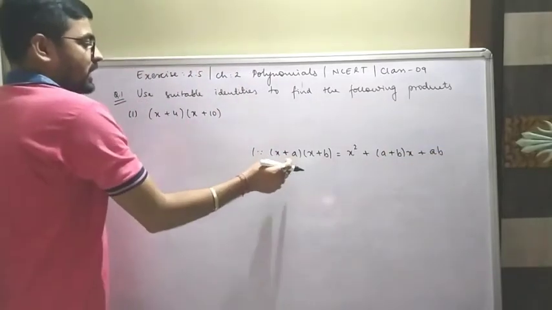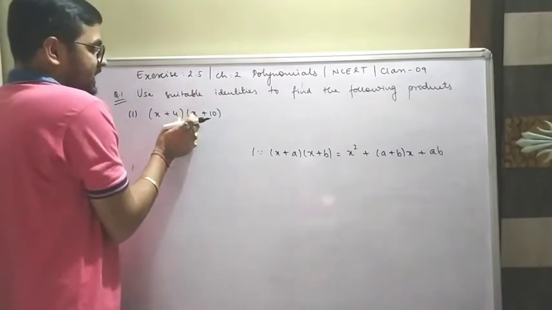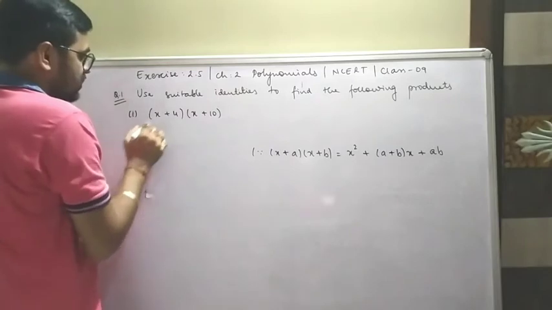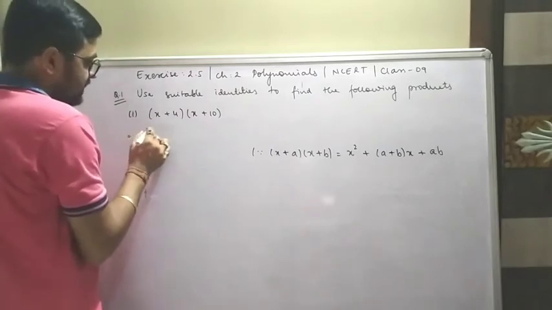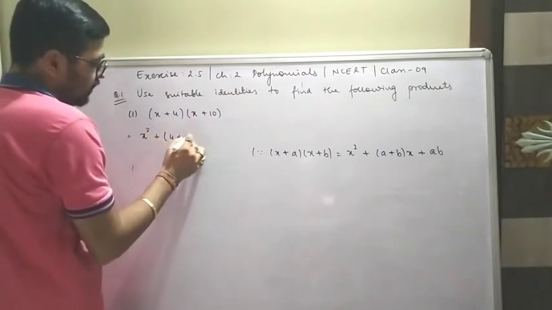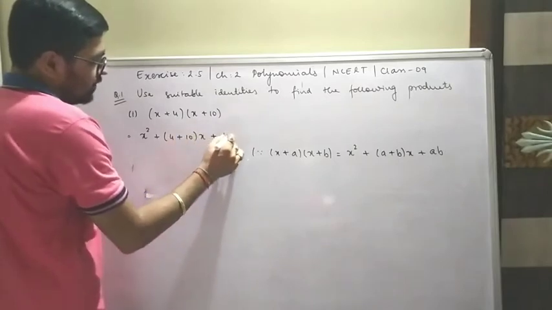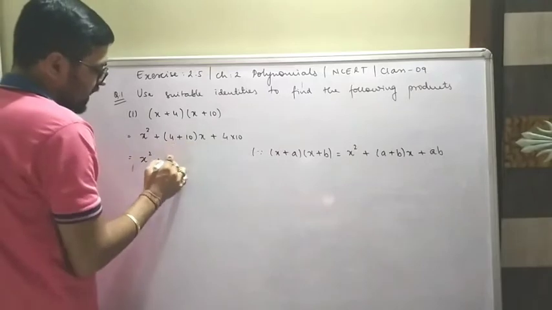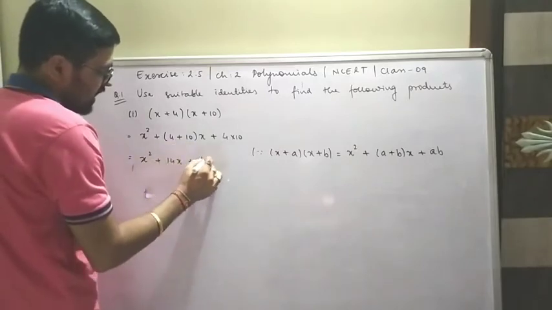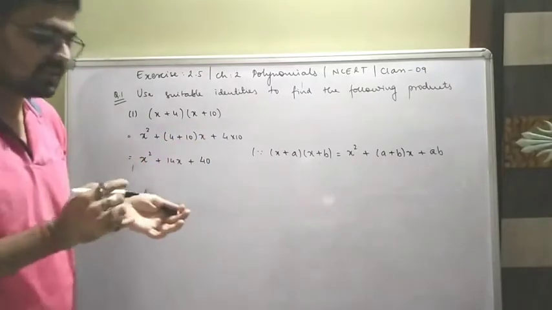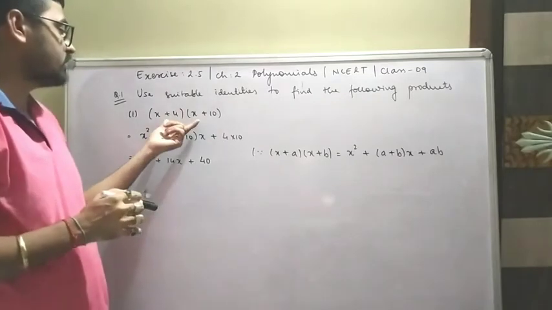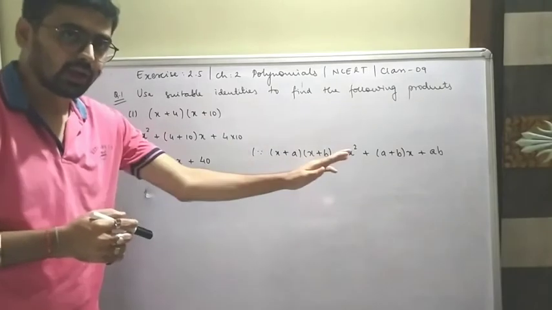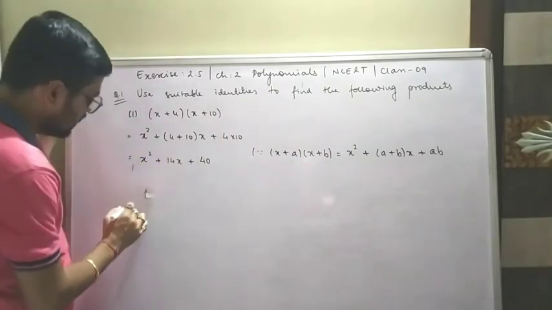Comparing, a is equal to 4 and b is equal to 10. So this will become x square plus (4 plus 10)x plus 4 into 10, which is x square plus 14x plus 40. This is how we can easily find the product of these two terms with the help of this identity. Am I clear? Let's go for the next one.